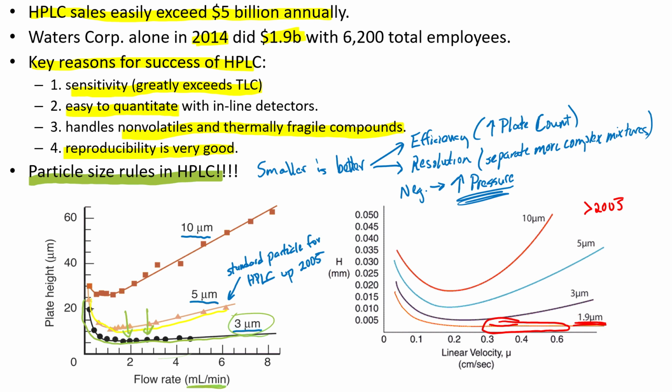The downside to this is the pressure that's generated across a column. You're frequently in excess of 5,000 psi. Traditional HPLC typically runs at maybe 1,000 to 2,000 psi, pounds per square inch, and now we're in the 5,000 to 10,000 range.